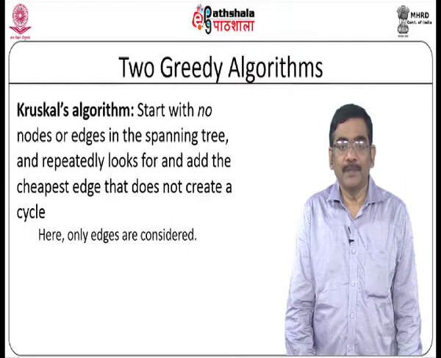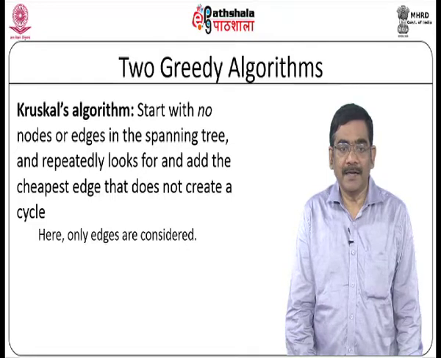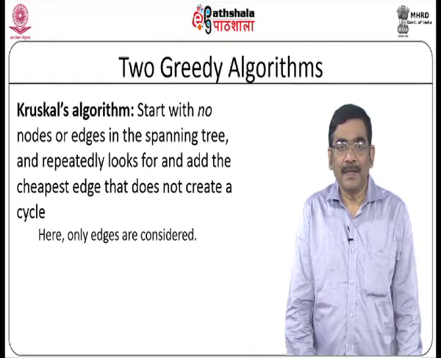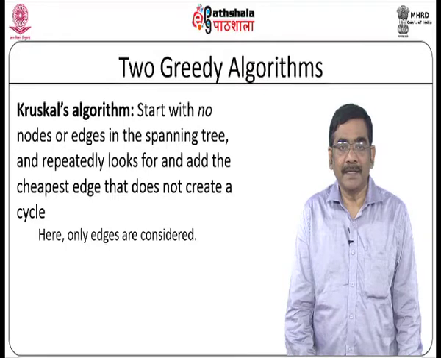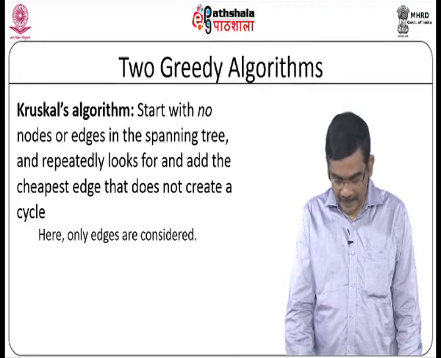Then we are going to repeatedly look for the low cost edge or the cheapest edge, and we will try to add that into the spanning tree, at the same time ensuring that the addition of the edge does not create any cycles. In other words, the Kruskal algorithm considers only the edges.